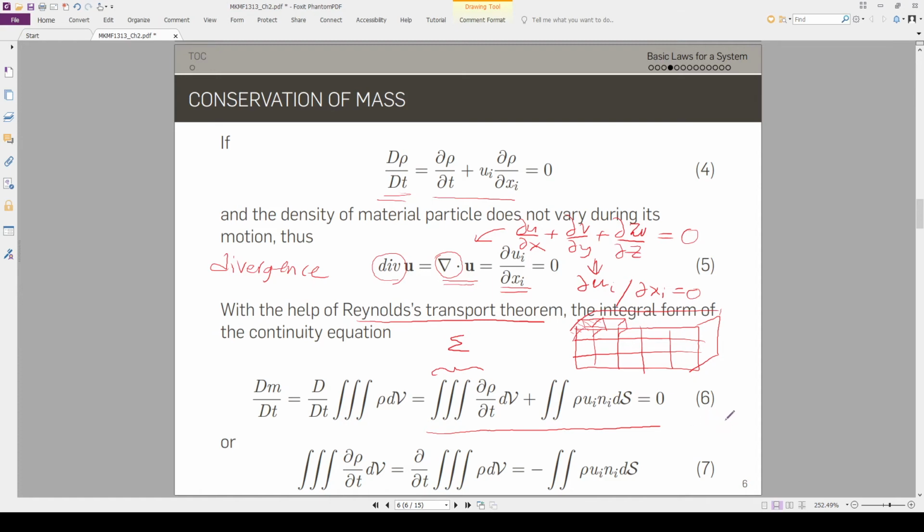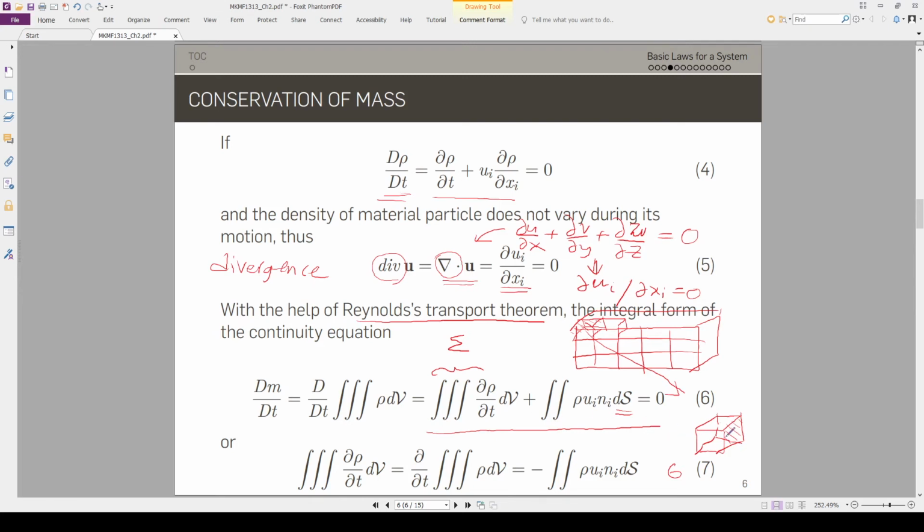If I take one small control volume, this one for example, and then enlarge it here, for this cubical control volume we have 6 surfaces: top, bottom, left, right, front and back. The control volume refers to the whole cube, and the control surface dS refers to every single surface of this control volume.